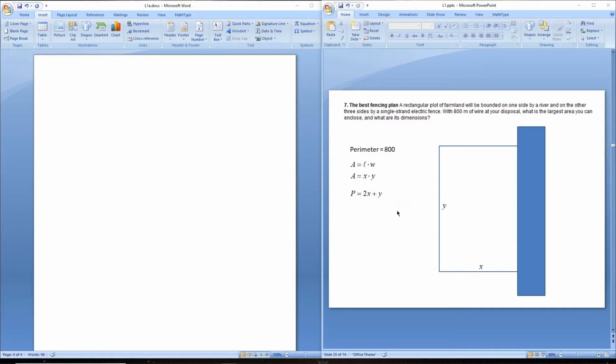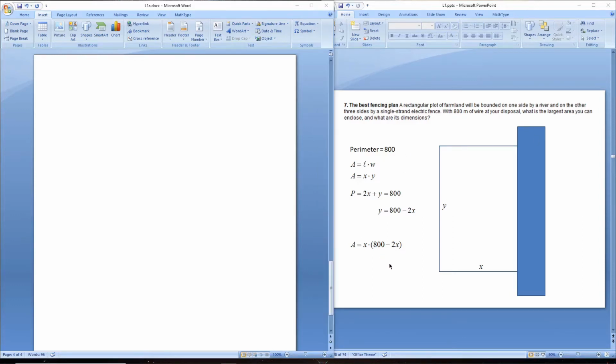And we know the perimeter is equal to 800 because that's the information given. And then with this, we can solve for y. And now we can take this and plug it into our area formula to get rid of y. And now we have our area function in terms of one variable. And now we're good to go to do some calculus on it.